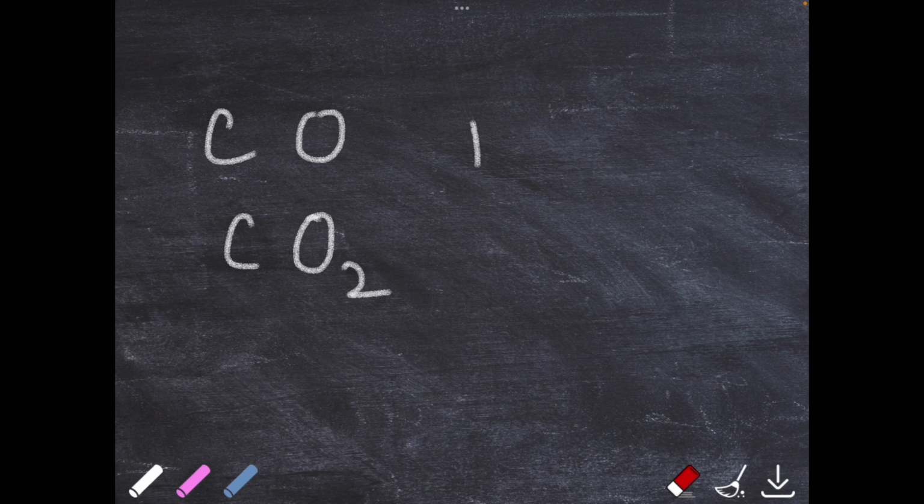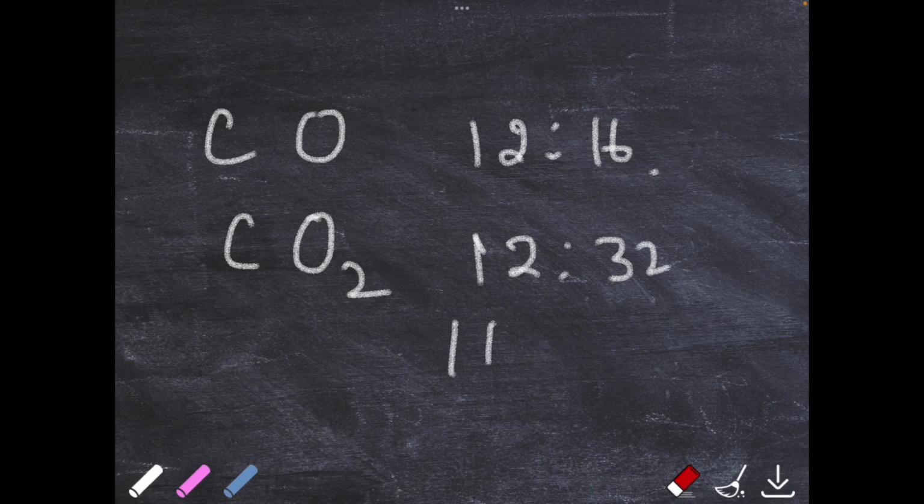You have 12 grams of carbon combining with 16 grams of oxygen here, and here also 12 grams of carbon combining with 32 grams of oxygen. The amount of carbon in both cases is the same. The amount of oxygen here is 16 and here is 32. The ratio between 16 and 32 is a simple ratio, that is 1:2.